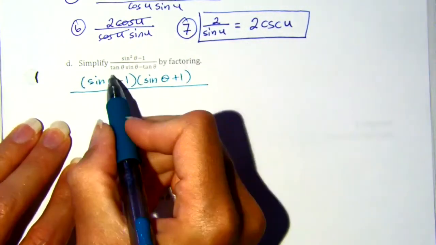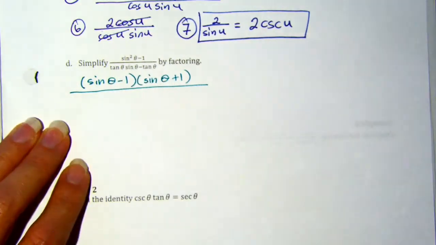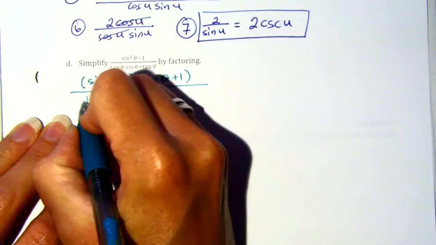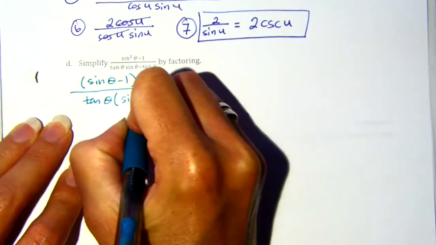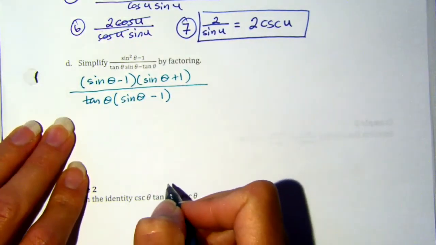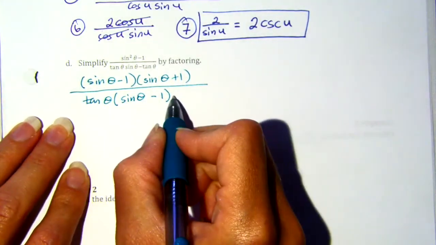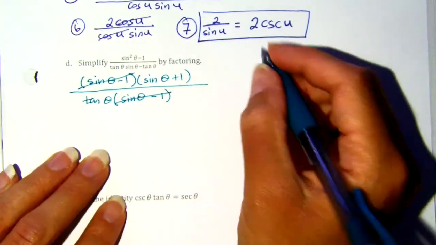In our denominator, we have a tangent in both of these, so we could factor a tangent out. We have tangent times sine of theta minus 1. Now if we notice, we see sine of theta minus 1 and sine of theta minus 1. Those are going to cancel each other out.